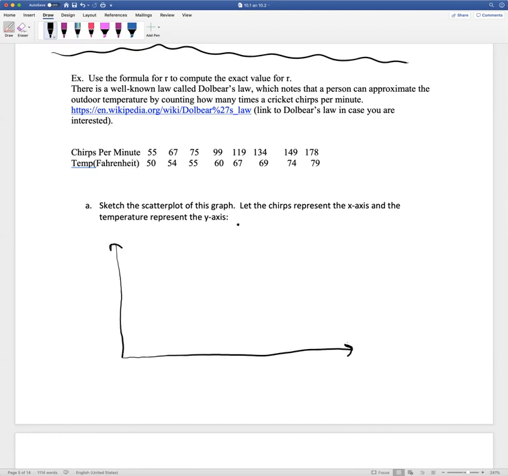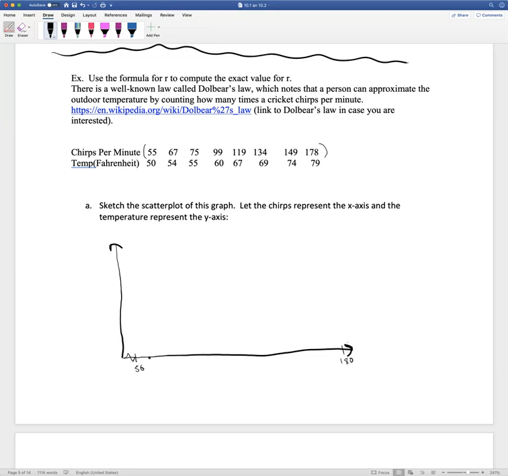All right, so let's sketch the scatter plot of this graph. Let chirps represent the x-axis and temperature represent the y-axis. In regards to chirps, we're going between 55 and 178, so I'm not going to start at 0. Let's start at 50 and go up to 180, by tens.